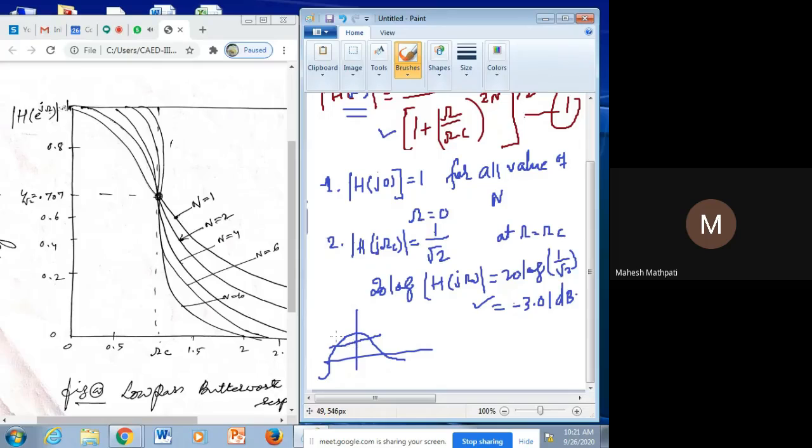Yes, sir. तो अभी इसका ये पॉइंट क्या बोल रहे हैं हम यहाँ पे? What is this point? 3 dB लाइन बोलते हैं ना हम, पता है क्या आप लोगों को?